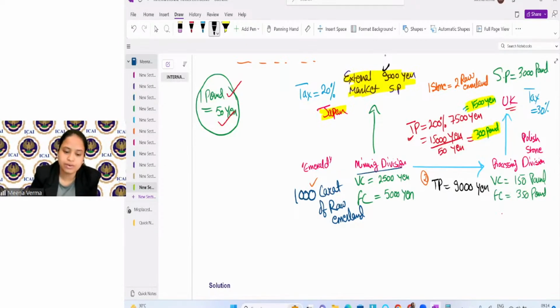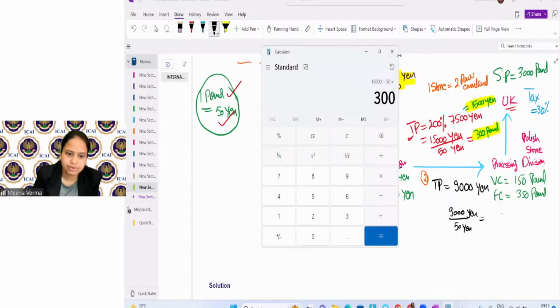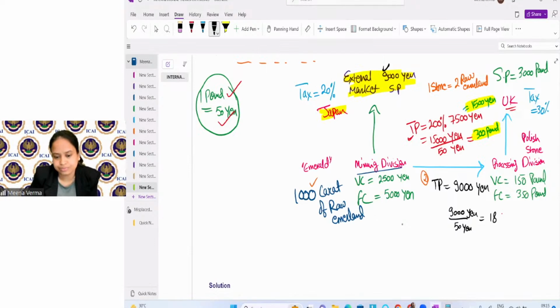And if you want to convert it into pounds, you can do so by dividing it by 50 yen. What is it coming to? 9,000 divided by 50 is £180.